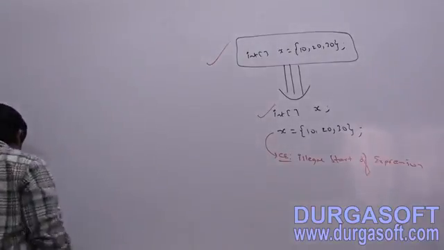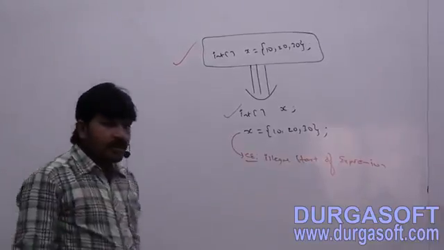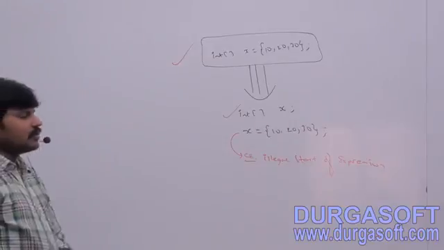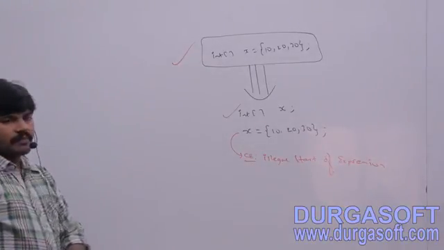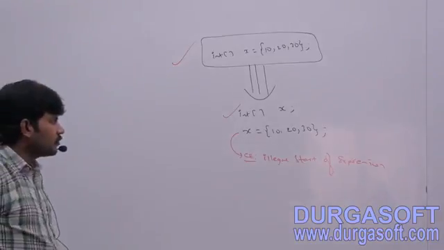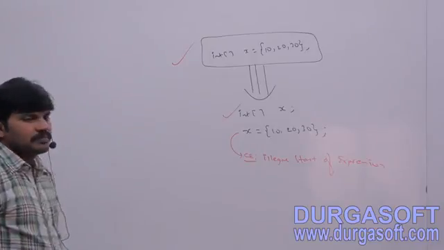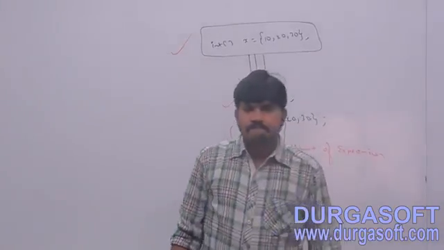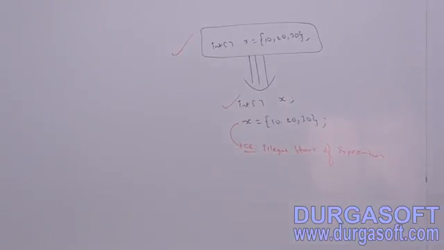Take this example well. Int array x = {10, 20, 30} is the first one. Now I am trying to divide it into multiple lines, and we are going to get a compile time error by default.